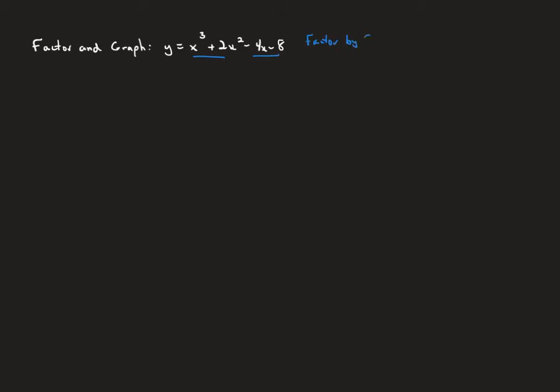So we're going to pair up the first 2 terms and pair up the second 2 terms, and then try to pull out the greatest common factor just for those 2 terms. So if we factor an x squared out of the x cubed plus 2x squared, that will leave behind an x plus 2. The greatest common factor for the next 2 terms is going to be a negative 4, and that also is going to leave an x plus 2.